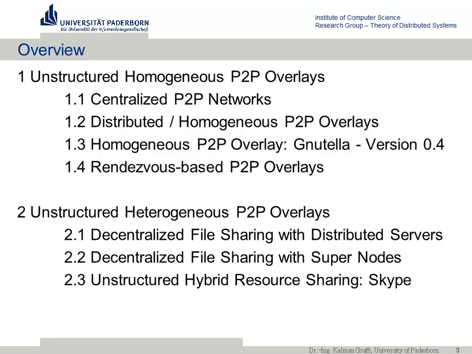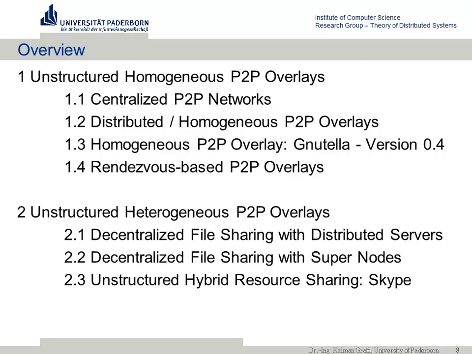One, the homogeneous type of peer-to-peer overlays, and we'll look into centralized peer-to-peer networks, which also exist, and get more of an overview of what the term homogeneous especially means, in 2 versions. One is Gnutella version 0.4, that's one prototype which is very often referred to, and one rendezvous-based peer-to-peer overlay. Let's see whether we come that far today.